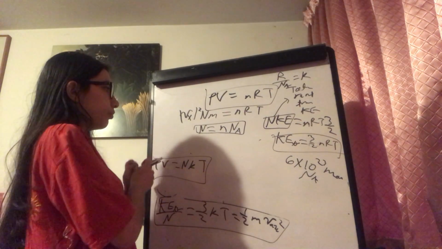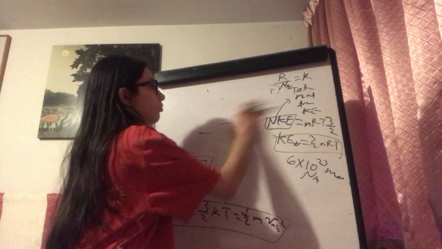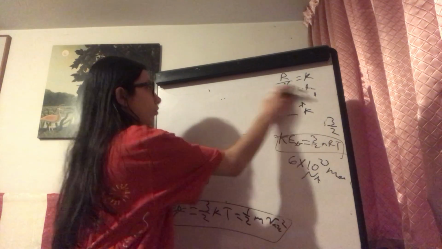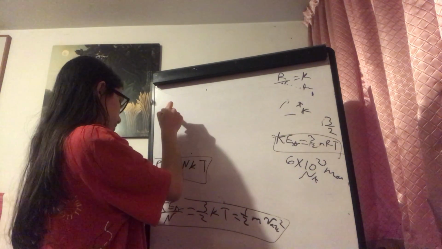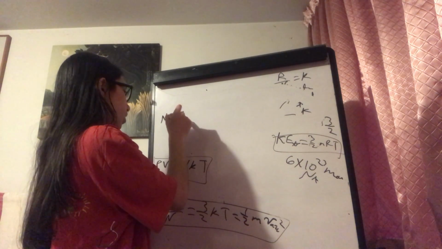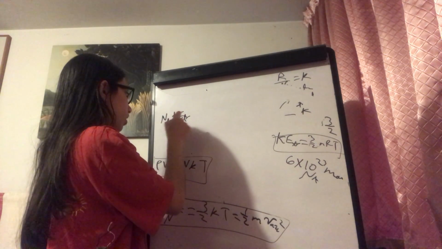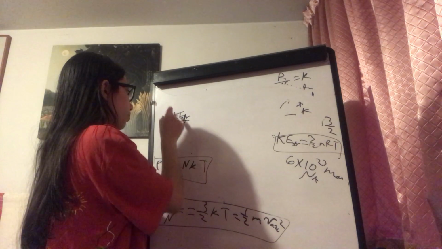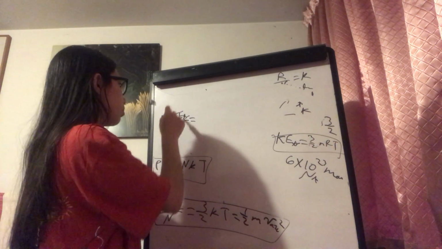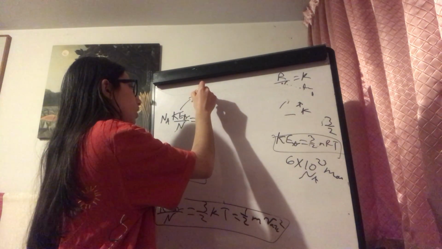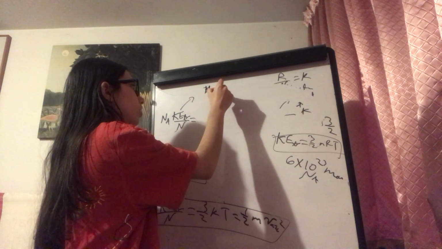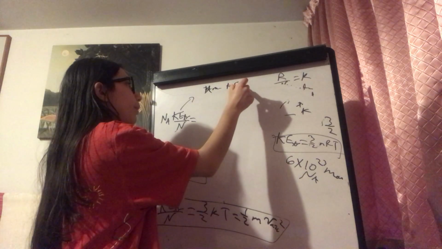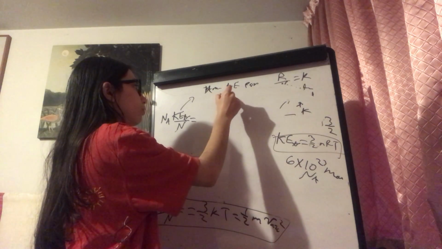So we have now that Avogadro's number times the translational kinetic energy, or well, this would be the translational kinetic energy per mole.